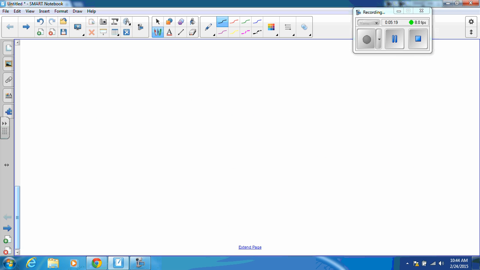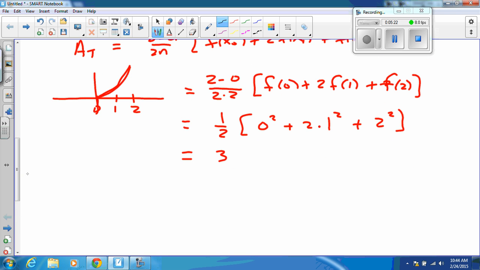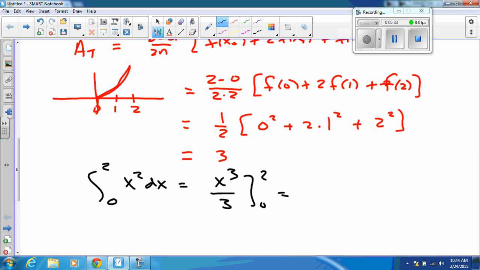Now, if I am so lucky as to know the exact value of this integral, I could tell you the actual error. And let's do that at this time, since this happens to be an easy function to integrate. Using the fundamental theorem, the integral of x squared from 0 to 2 is x cubed over 3, evaluated from 0 to 2, which is 8/3 minus 0, or 2.6667.